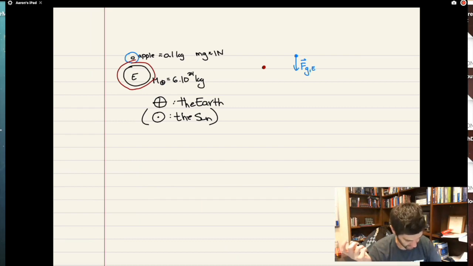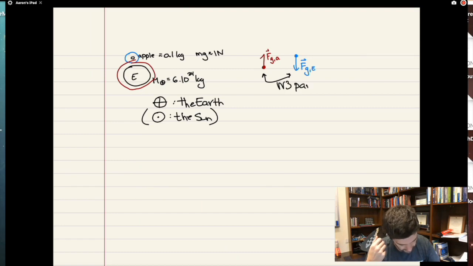As a result, anticipating where we're going with this, the Earth therefore feels a force due to gravity from the apple pulling up. And these are Newton third pairs. Reminder from last lecture, like forces form pairs. So gravitational forces are paired with gravitational forces. Contact forces are paired with contact forces in terms of Newton's third law.